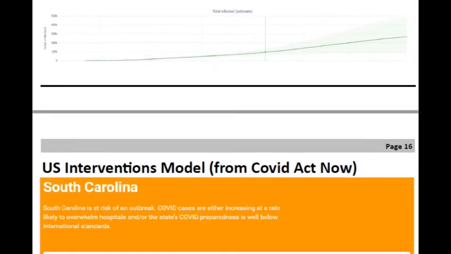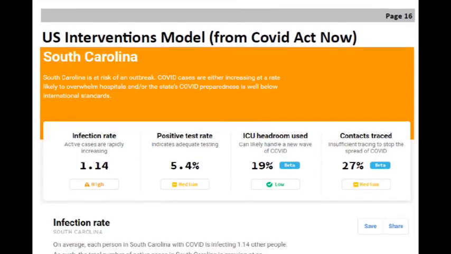On page 16 is the U.S. interventions model from COVID Act Now. This model shows that South Carolina is at risk of an outbreak with an infection rate of 1.14, a positive test rate of 5.4, ICU headroom used at 19%, and contacts traced at 27%.